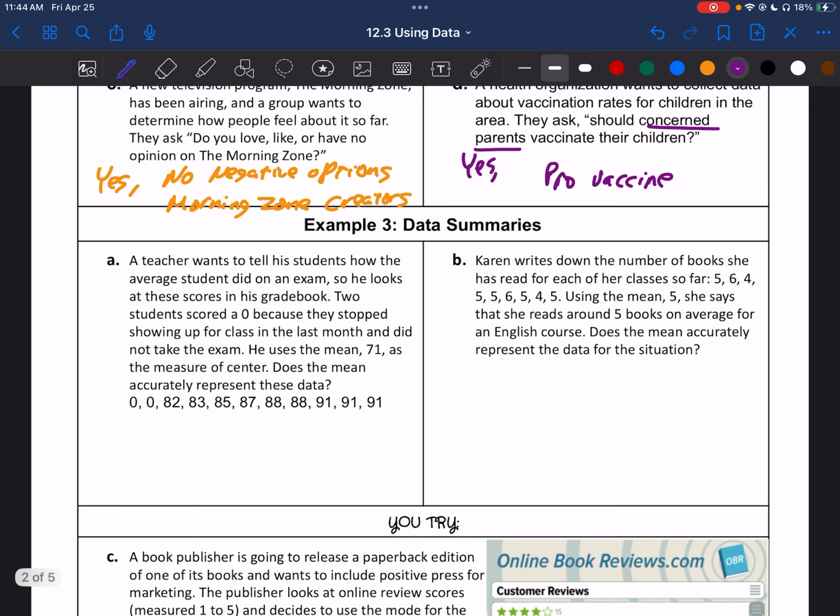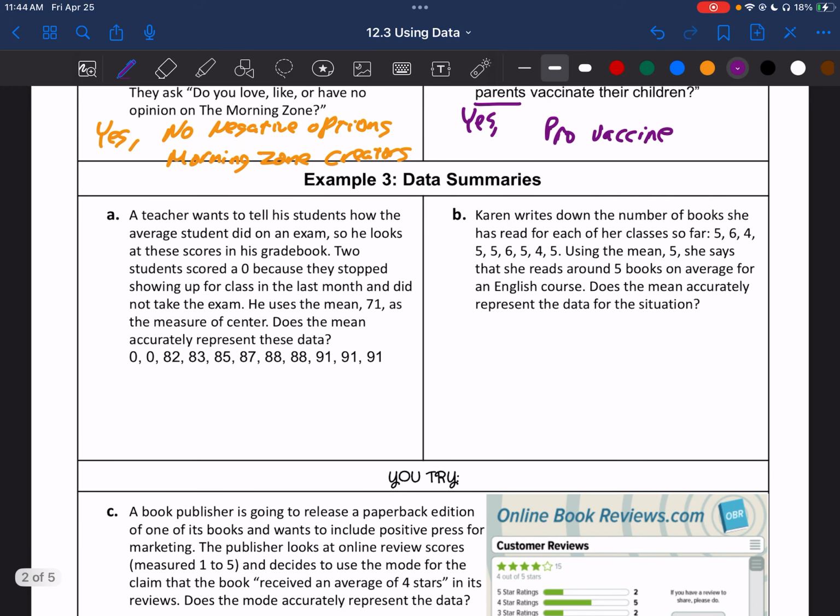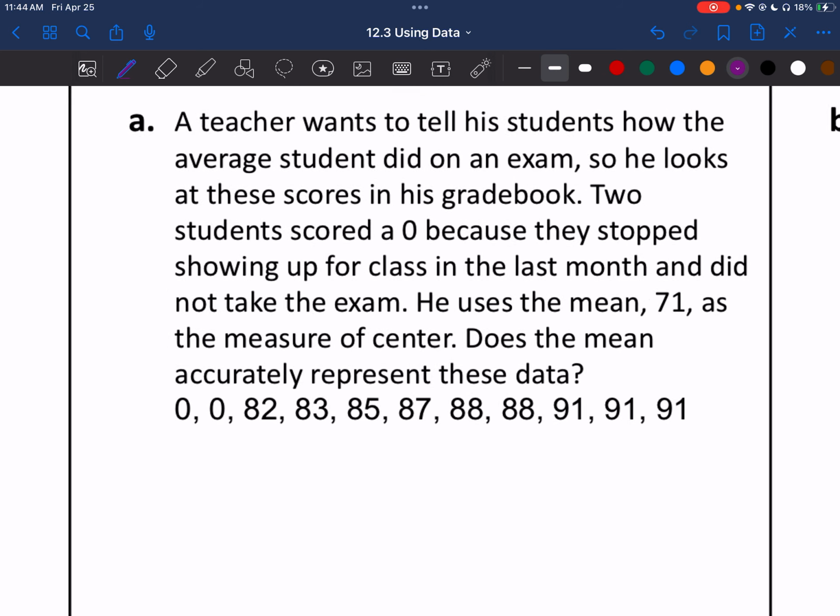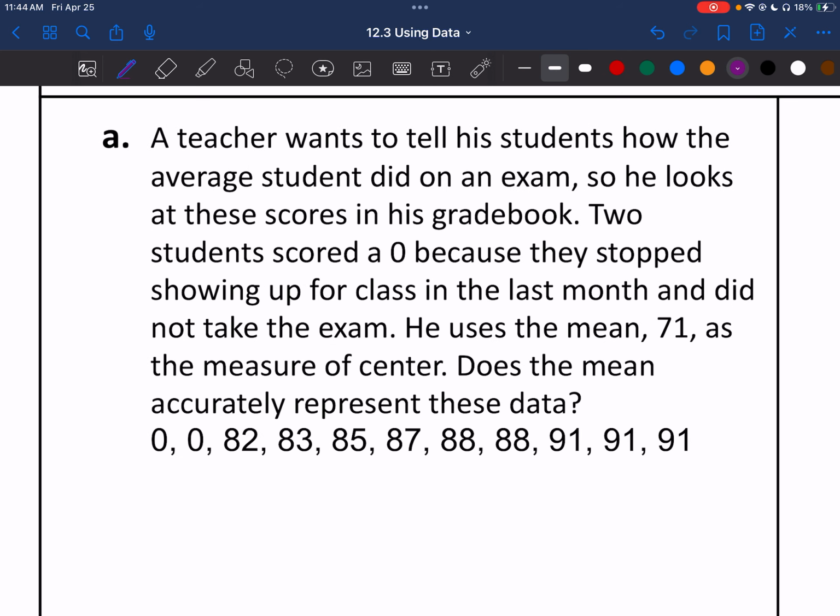All right, data summaries, example 3. We're going to take a look at a summary and evaluate whether the representation is accurate. A teacher wants to tell students how the average student did on an exam. So he looks at the scores in his gradebook. 2 students scored a 0 because they stopped showing up for class in the last month and did not take the exam.